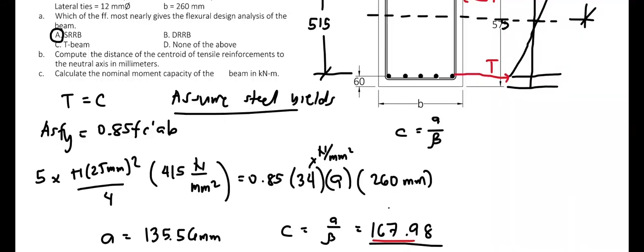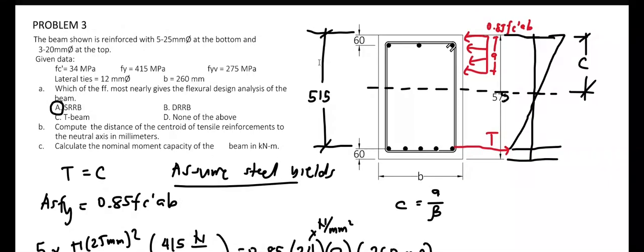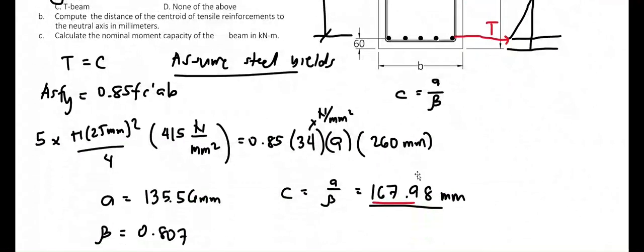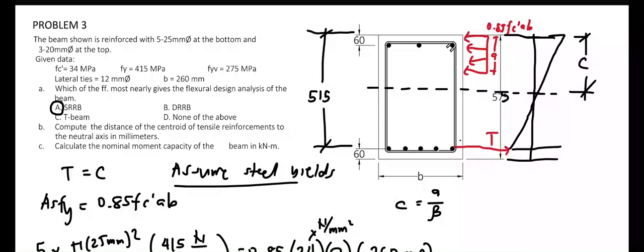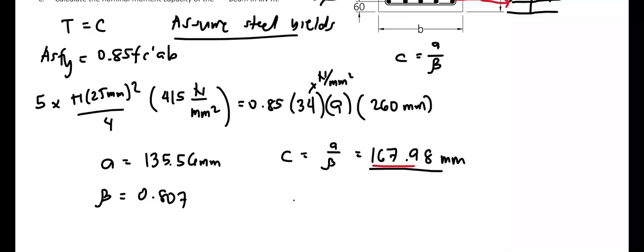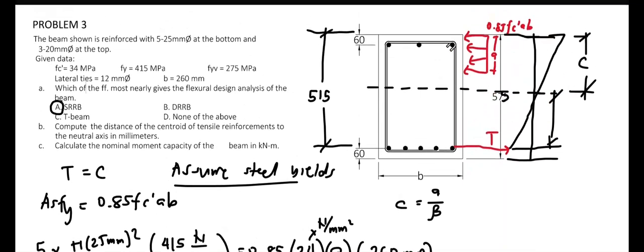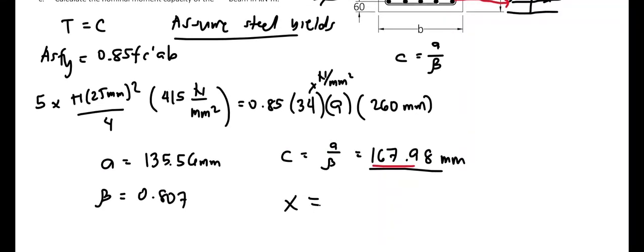Now that we have c equals 167.98 millimeters, we can now solve for the problem. Given c equal to 167.98, to solve for this distance here, going from the centroid of the tensile reinforcement to the neutral axis, we subtract c from the effective depth. So let x be the distance from here to here. To solve for x, x equals d minus c.